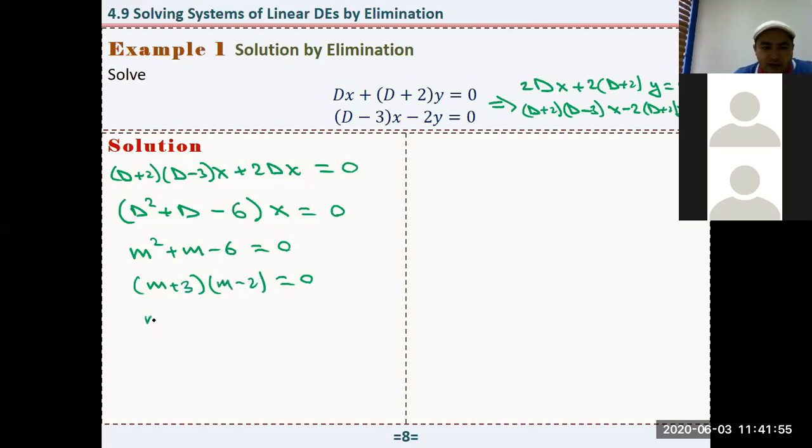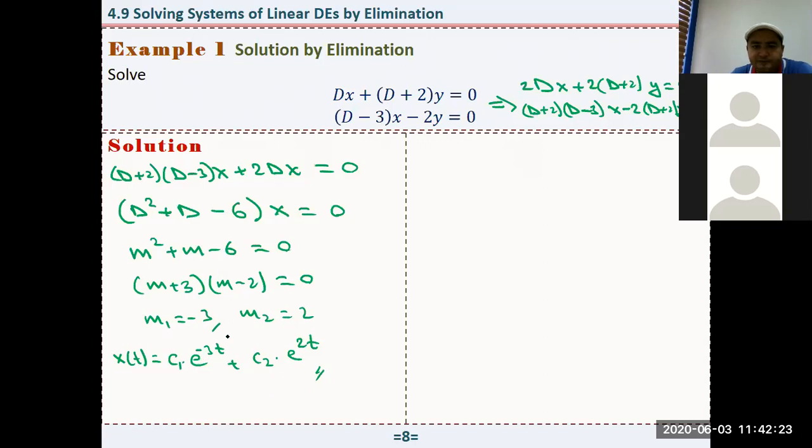So m sub 1 equals minus 3, m sub 2 equals 2. Now, how to write the solution here? Then x of t is equal to c sub 1 times e to the power minus 3t plus c sub 2 times e to the power 2t. Right? So we have determined the function x.